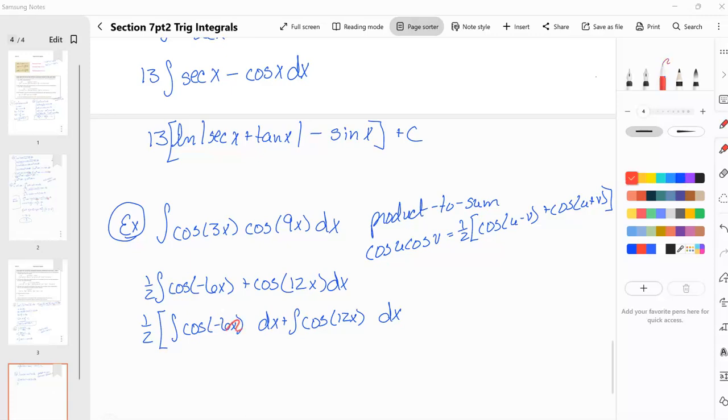So if we're thinking about our u sub, we would need a -6 if this is u. This would be du. Here, u would be 12x. So du would be 12. So we would need to compensate with a 1 over 12 here and a -1 over 6 here.